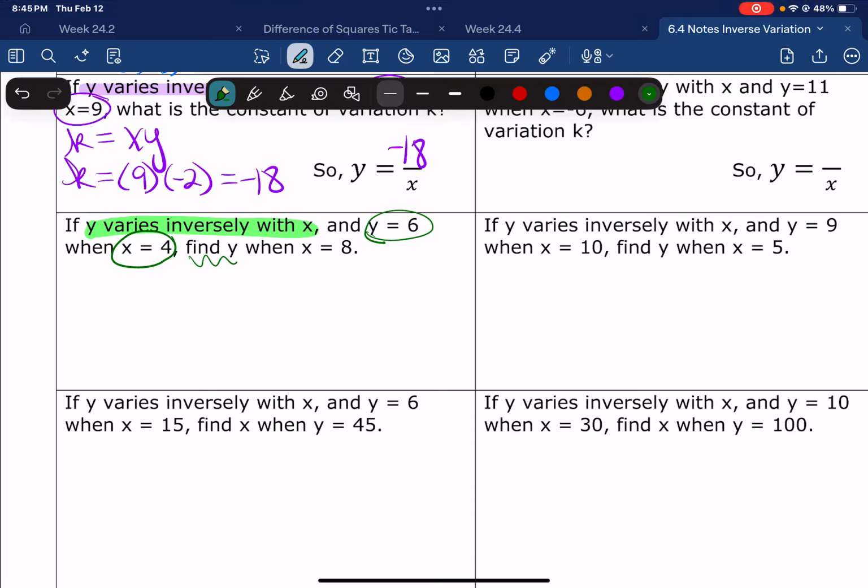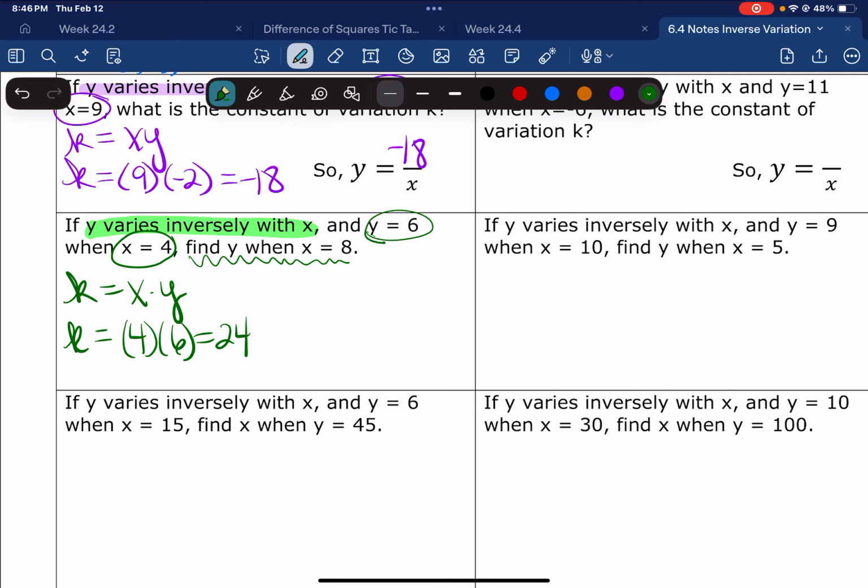We want to find our y value when x is equal to 8. Okay, so let's set up our equation. We know that y varies inversely with x. So all we've got to do is multiply first. We take our k value, we have x times y, okay? So k equals 4 times 6. And that just gives us a k value of 24.